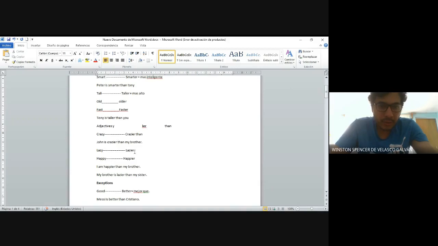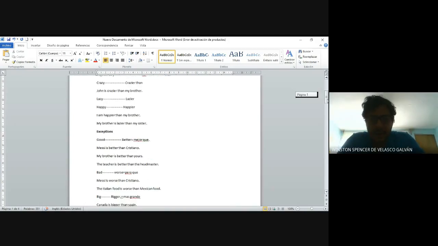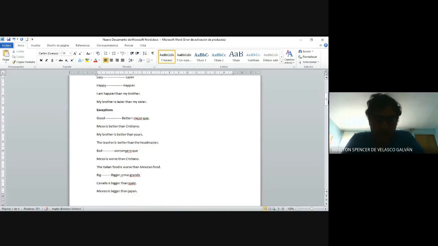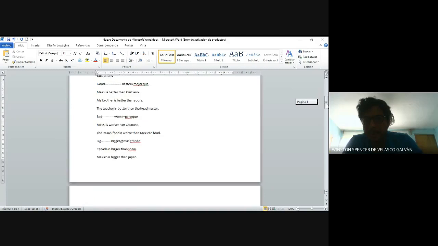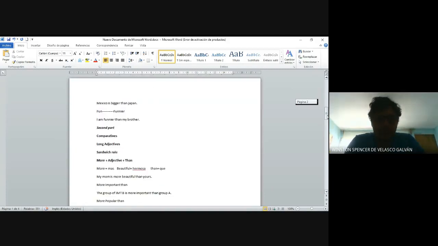Lazy is going to change to lazier. Happy is going to change to happier. And I gave you exceptions. For instance, good is going to change to better. Bad is going to change to worse. And big, remember you need to double the last letter. It's going to change to bigger. Remember, it's something that you remember how to do.